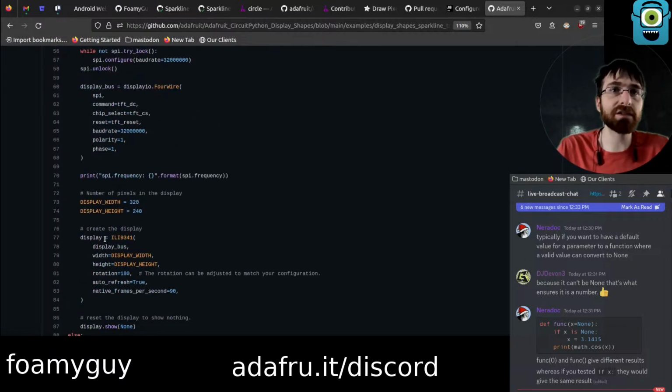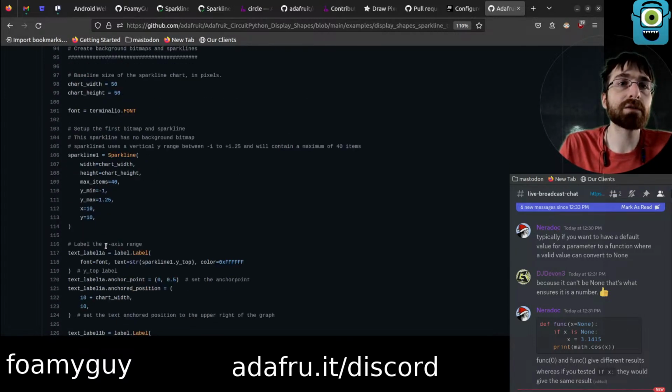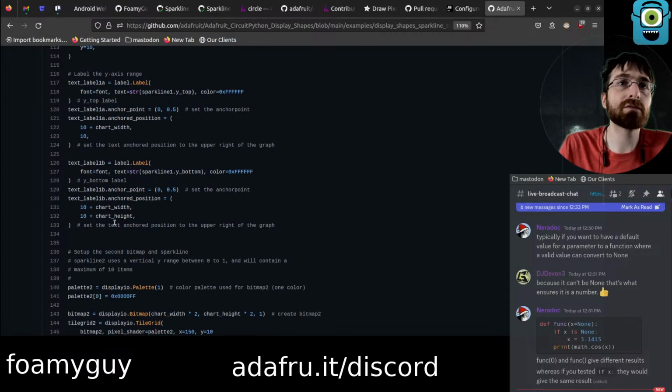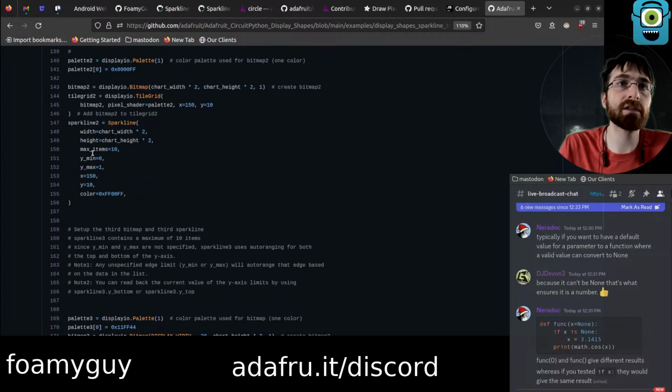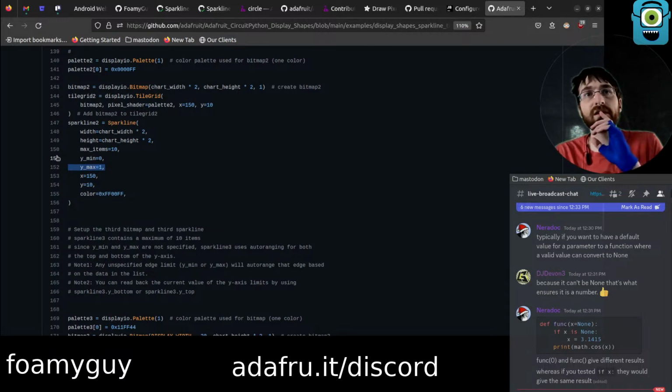But in these examples, Sparkline 2, when it gets created here, it has a ymin 0 and a ymax of 1. It implies one of two things. Either these are actual limits or these are just suggestions. And I guess that's what I'm trying to understand.